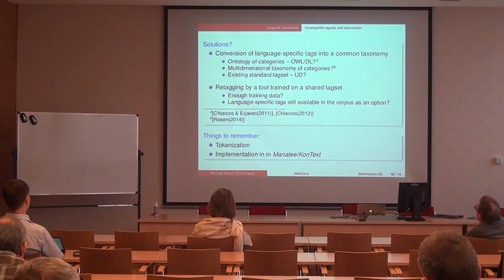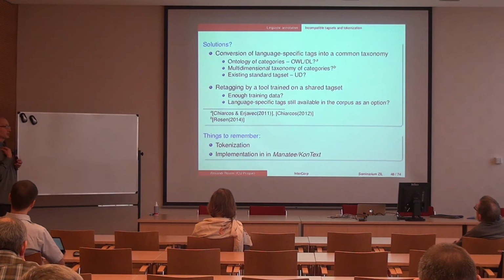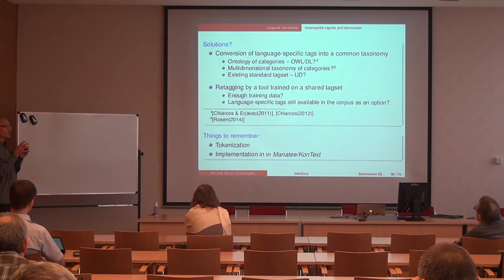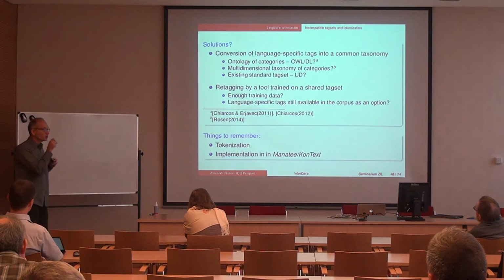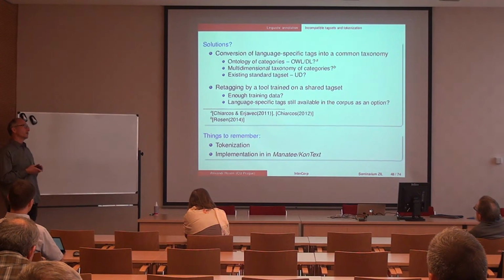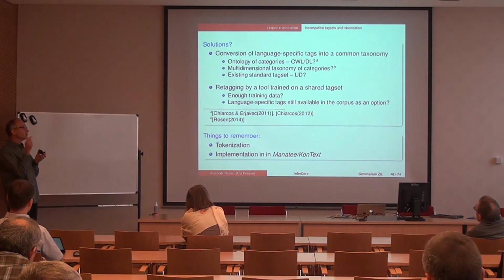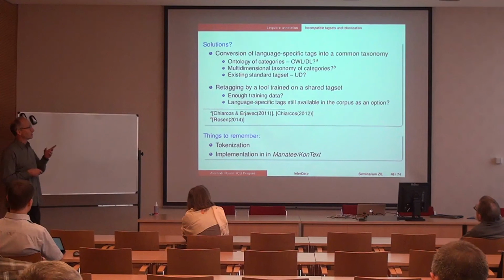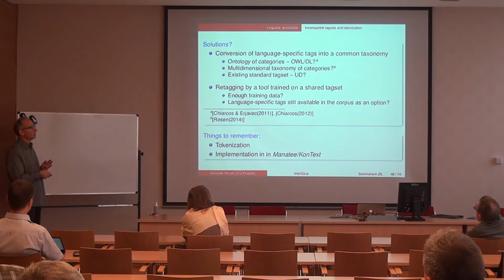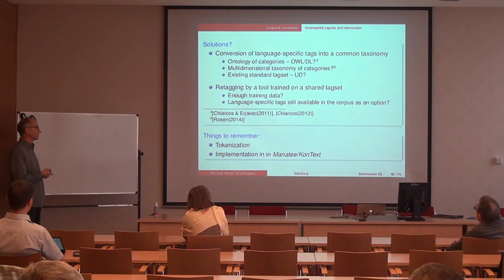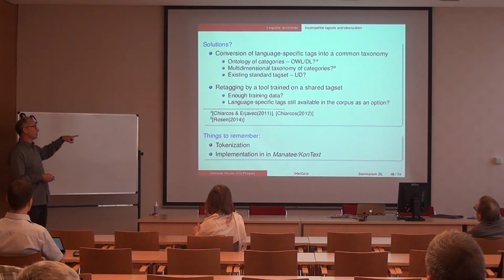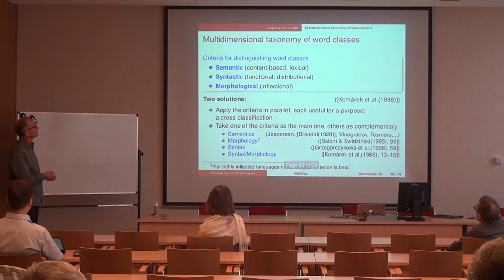And what we would like, and what our users certainly would like, is that those language-specific tools should still be kept in the corpus, or somehow available for the users to see or to search, even though it would have those universal tags. And that's something not so easy to obtain if you have this retagging. You still have tokenization issues, and you still have to remember how to implement it in the search tool.